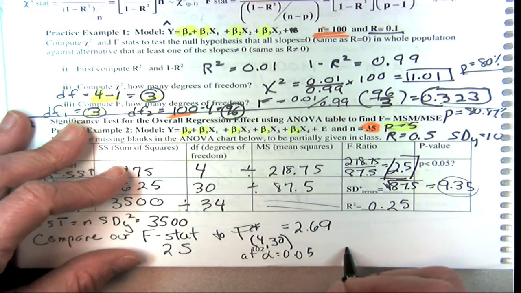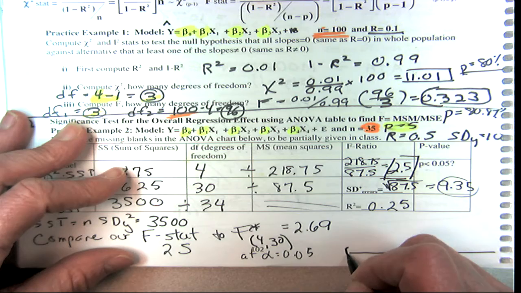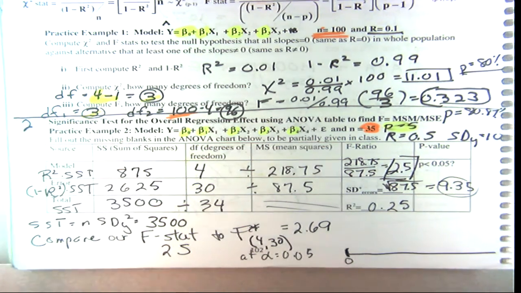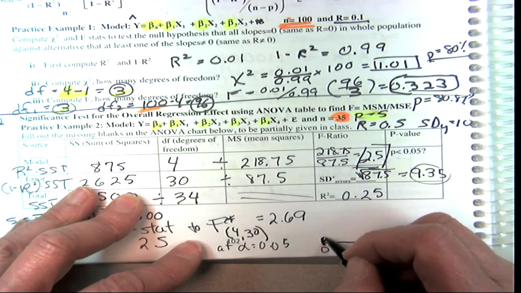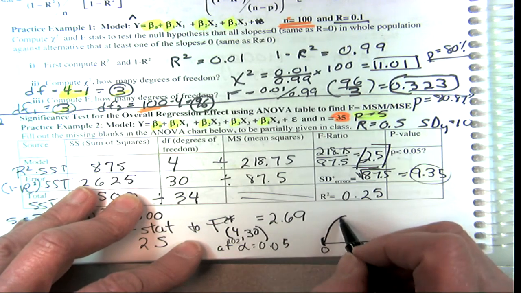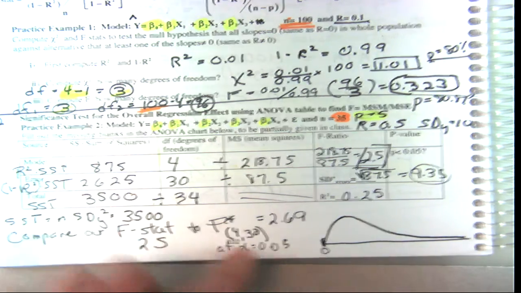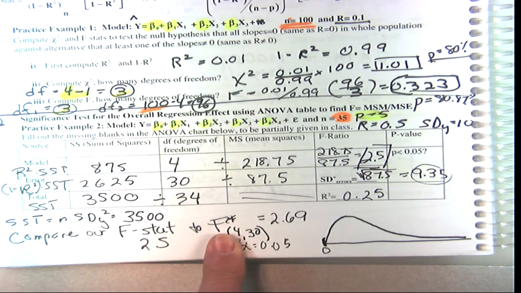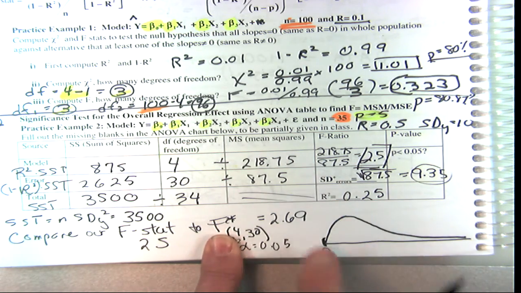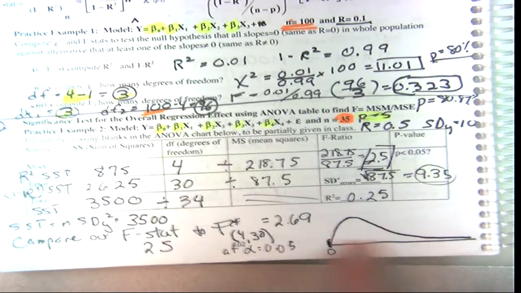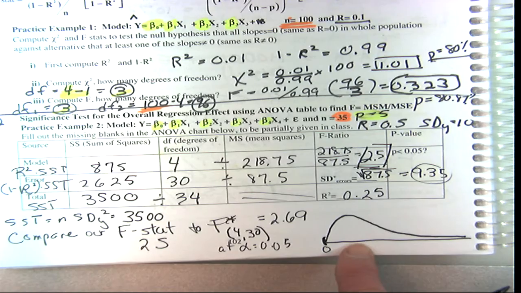So I'm just going to sketch a curve here. F here's 0. F is always positive, right? And so you have this curve. It has a long right-hand tail. What this critical value says is that when the null is true, if we compute this statistic, it's going to vary. It's going to be around 1 when the null is true.